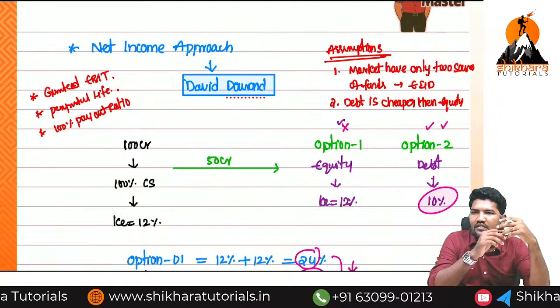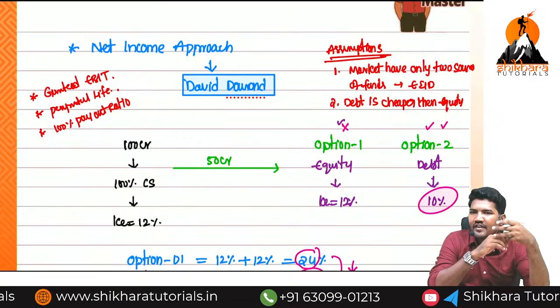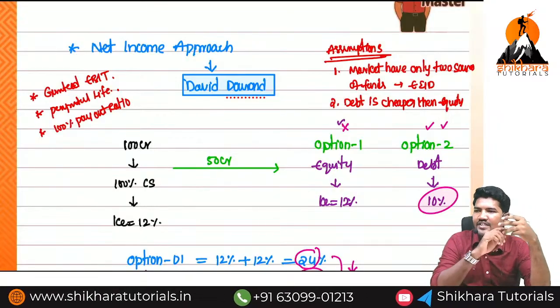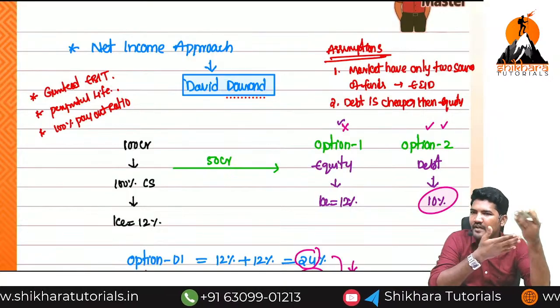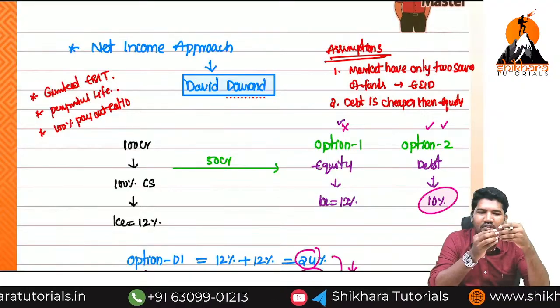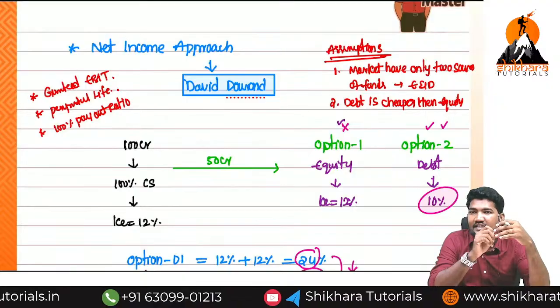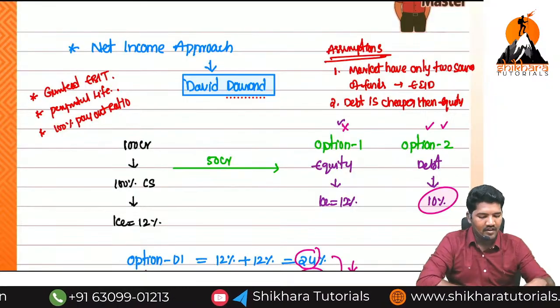Next, KD is less than KE, because that is a cheaper fund, with tax advantages. Next, guaranteed EBIT, which practically does not work, but they take it as an assumption. Next, perpetual life. There is another important one, tax: there is no tax, but we are not following that assumption.